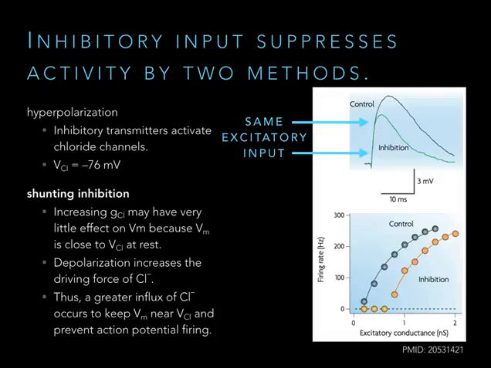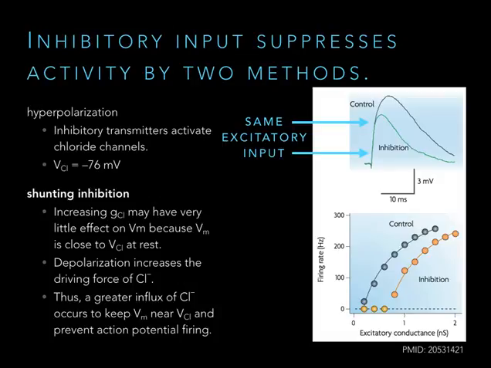Don't think about it as hyperpolarization. This is where most folks start to think about it, but it's a little inaccurate. Mainly what inhibition does is reduce excitation. And as a result, you can see in the bottom panel, the firing rate of a neuron in response to excitatory input becomes much lower when that inhibition has been activated.